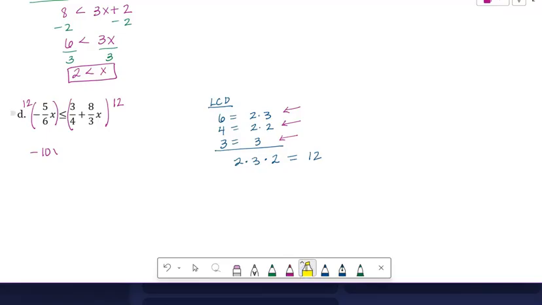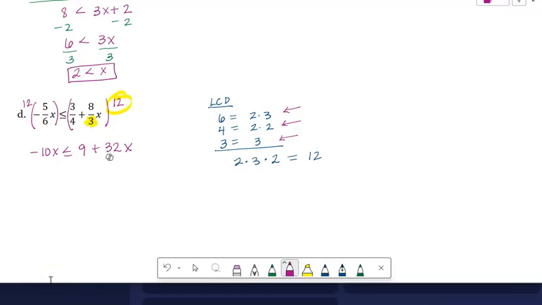Looking at this fraction first, the 4 is going to divide into the 12 3 times, and then 3 times 3 is 9. And then moving to this fraction, 3 divides into 12 4 times. 4 times 8 is 32, so plus 32x.